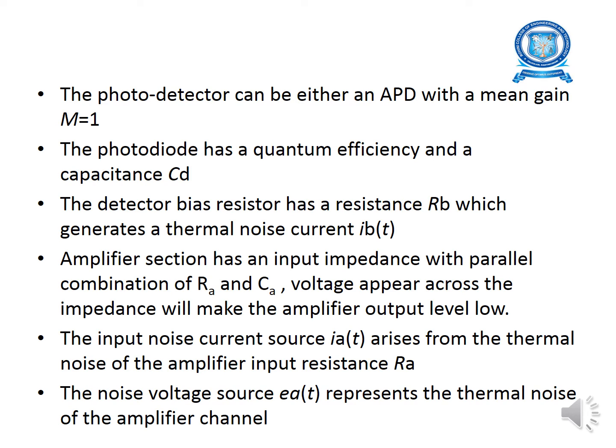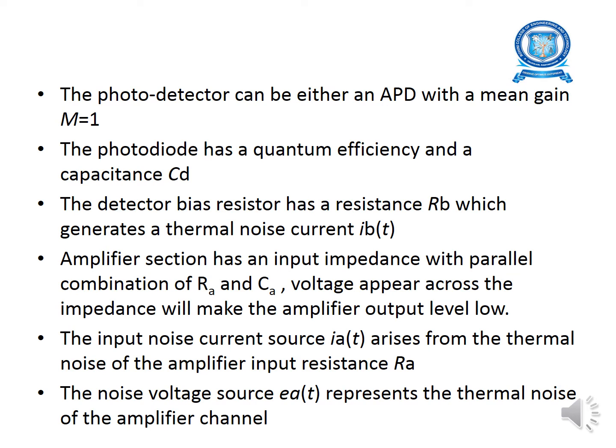Next, the pre-amplifier unit. The amplifier input impedance is the parallel combination of a resistance RB and a shunt capacitance CA. Here, the voltage appearing across the impedance causes current to flow in the amplifier output. The amplifying function is represented by a voltage controlled current source which is characterized by a transconductance Gm.